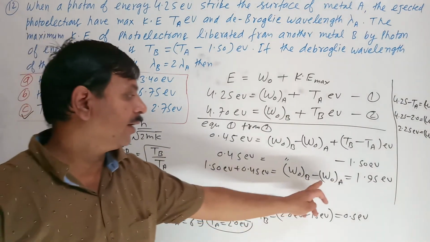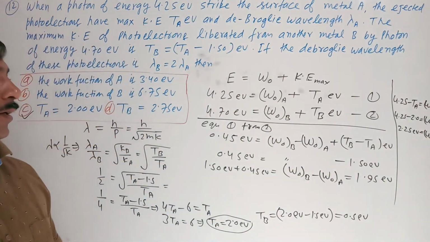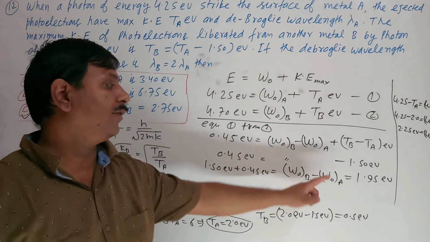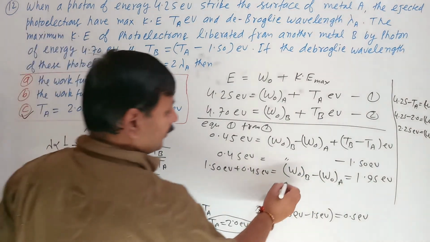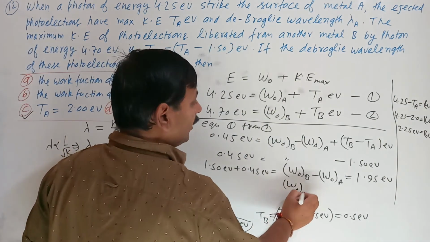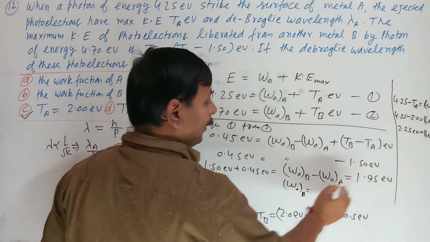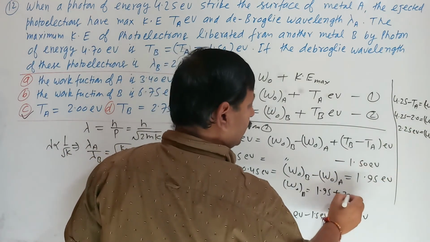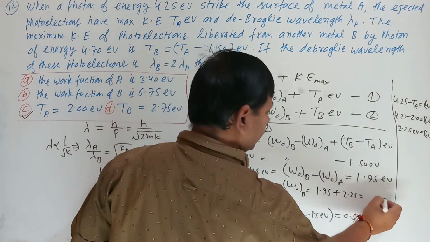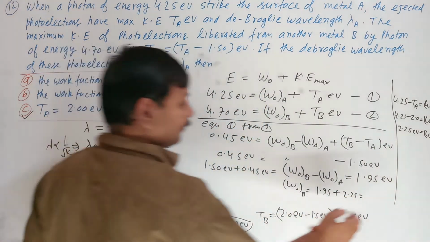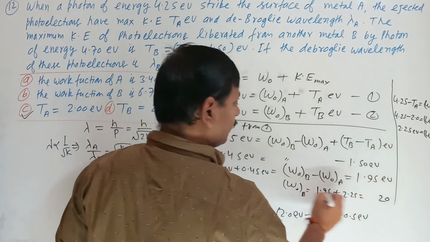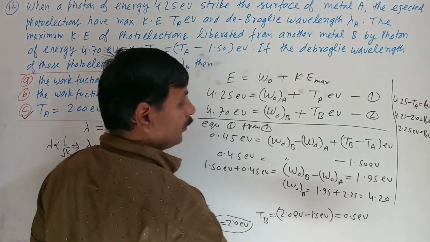Also we can find the work function of B. The work function of B is equal to the work function of A plus 1.95, that is 2.25 plus 1.95, which has come 4.20 eV.